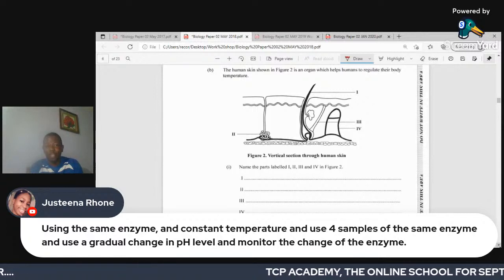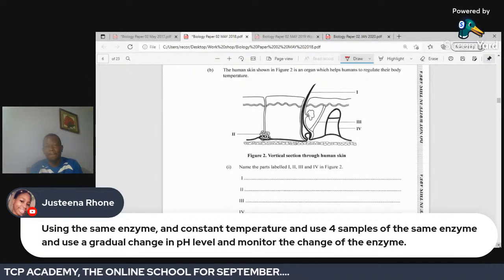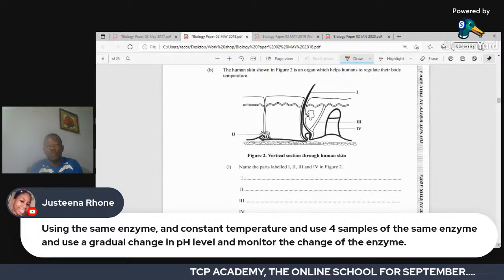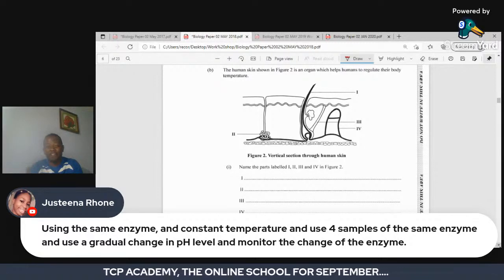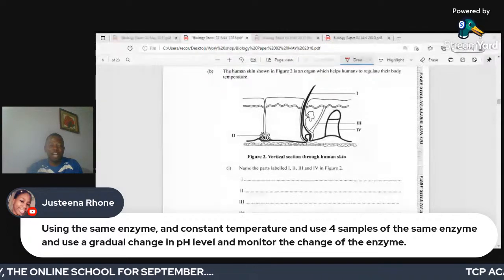Beautiful. Now, you are required to name the parts labeled 1, 2, 3, and 4. So I'm coming over to the chat to see what you have there.